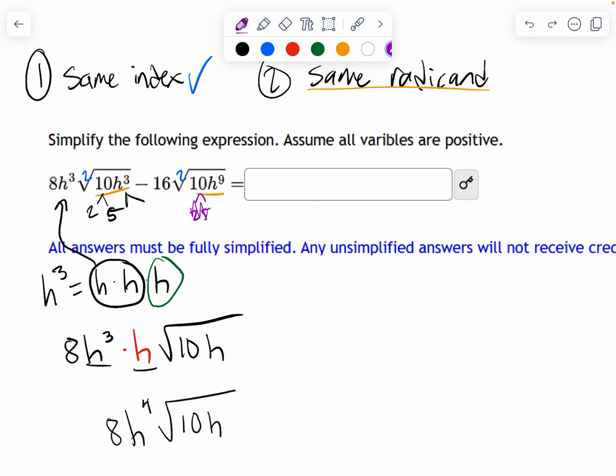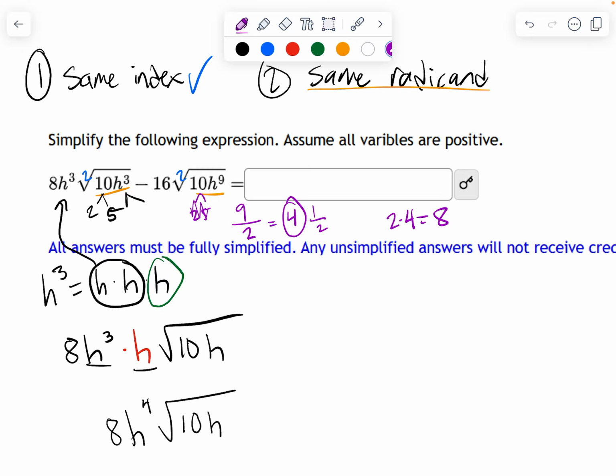The way I think about it is, okay, 9, how many times can I divide that evenly? Well, I can divide it evenly at least 4 times, right? 9 over 2 is 4.5. That means I can bring out 4 pairs of h's, right? Because that uses 8 of the 9 h's there.